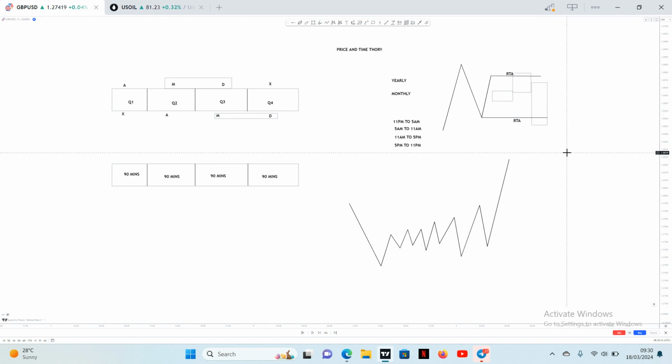Pay attention to this rule. If you have this setup now and price comes down to take this temporary low right here, because we have taken a temporary high, it's not a temporary low. On no occasion should you look for a market structure shift to take this trade, because this phase is the third quarter's phase and it's meant for distribution. Price is not going to reverse.